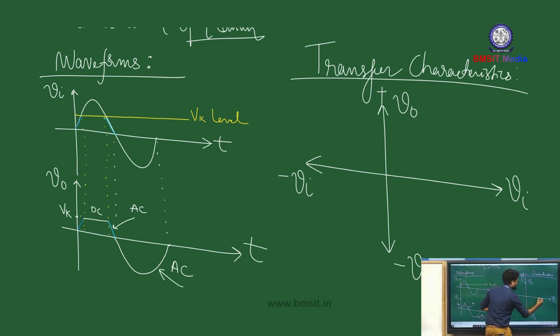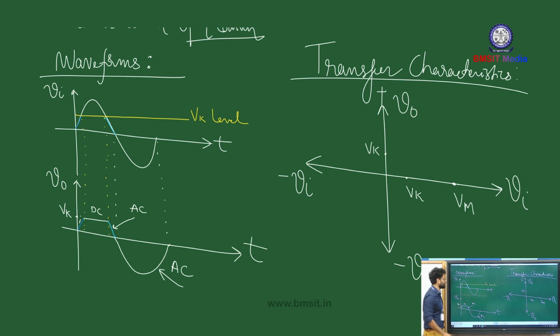Alright, so we have to mark the threshold level, which is Vk. This is the maximum value of the input. Let us mark it as Vm, and this is the threshold level Vk. In your output also the Vk level is present, that's why towards plus V0 you have to mark Vk as well. Alright, so as long as your input is less than Vk, what is the output?